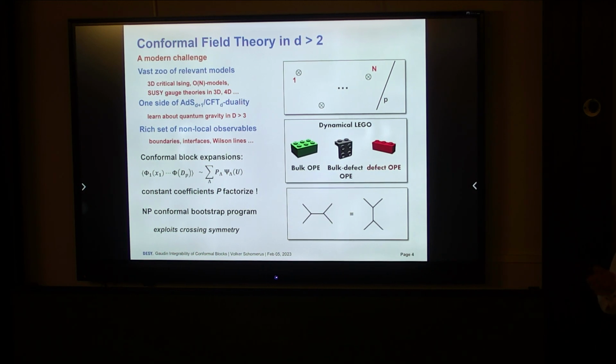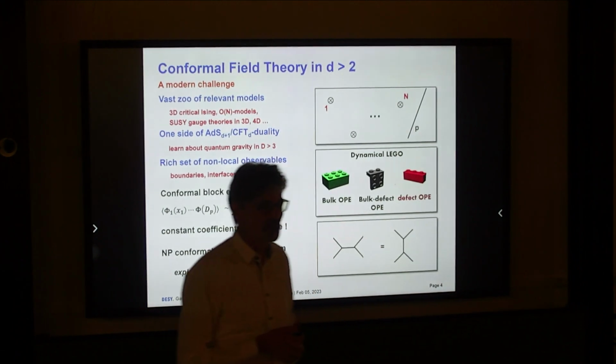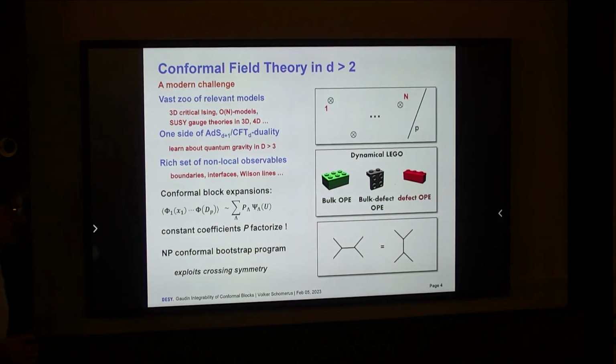And of course, most of you know that this whole program was famously applied in 2D CFT in the Belavin, Polyakov and Zamolodchikov paper in '83, and of course started the revolution in lower dimensional CFT.